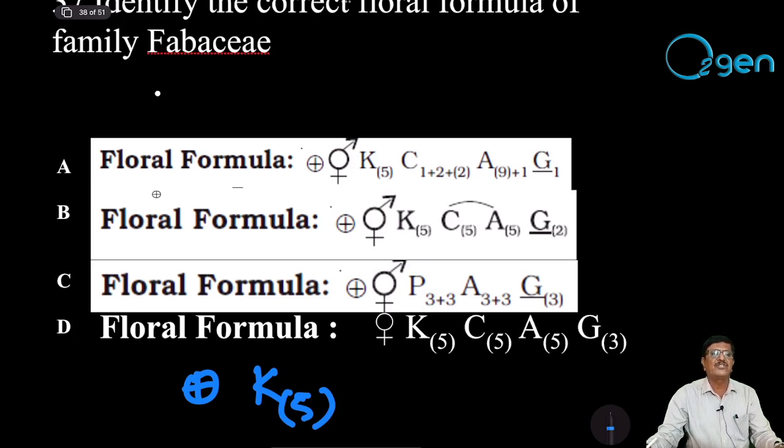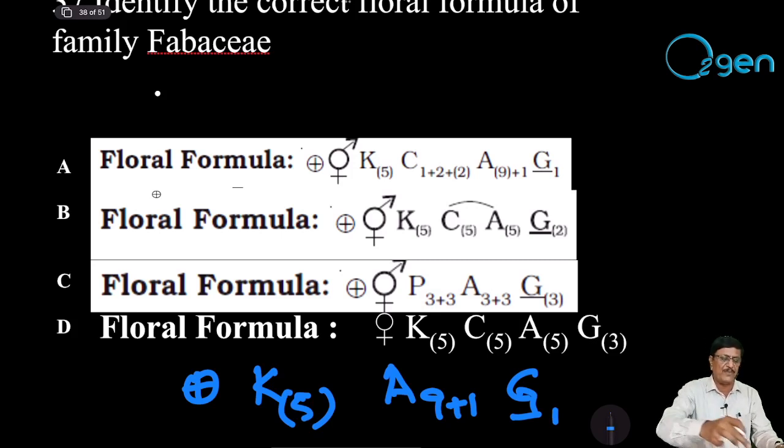Corolla 1 plus 2 plus 2, so 2 are joined. Androecium 9 plus 1 in all the Fabaceae family, so diadelphous stamens, 10 stamens arranged in 2 bundles, 9 plus 1. Gynoecium is superior ovary, only one gynoecium. The floral formula of A is correct for the Fabaceae.